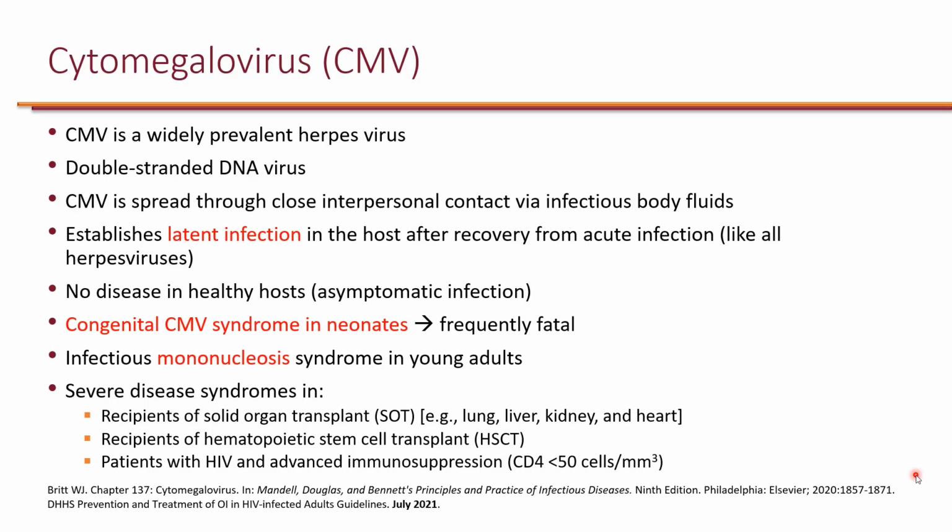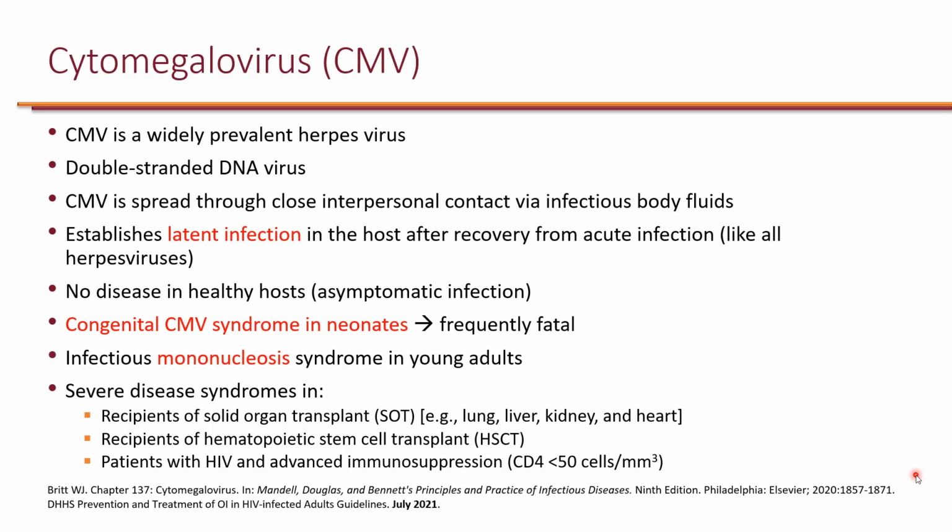Now, it does cause congenital CMV syndrome in neonates, which could be fatal for neonates. And it can cause infectious mononucleosis in young adults, essentially manifesting as fever, malaise, and myalgias. Now, the real problem is when we go from CMV infection to CMV disease.